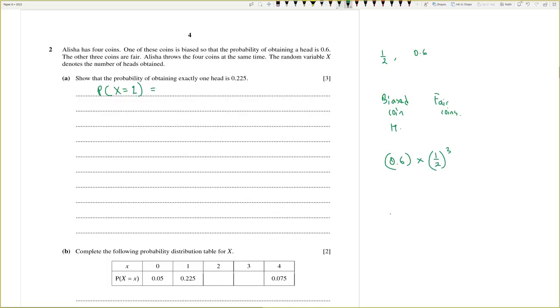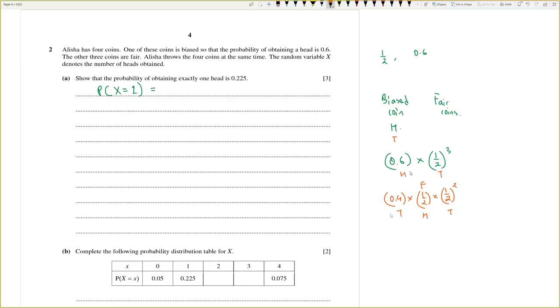And what if I got a tail on the biased coin? Okay, so that would be 0.4 for tail on the biased coin. Then heads on one of the fair coins, and tails on the other two fair coins.